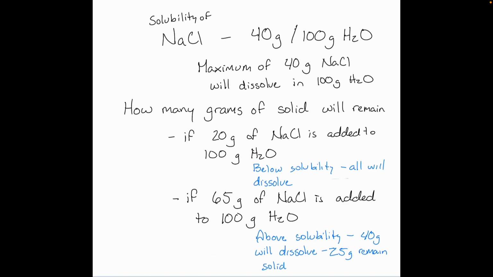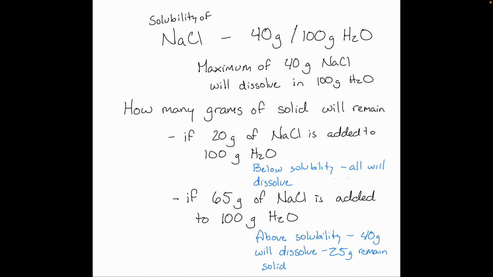Cool? If you look up any chemical in those big books that they got in the lab... obviously nowadays everything's been put onto the internet, but back in my day, you had to flip through these gigantic books, and all they did was tabulate information about all these chemicals. One of the things that you're going to see, in that big book or in those databases, will be its solubility.